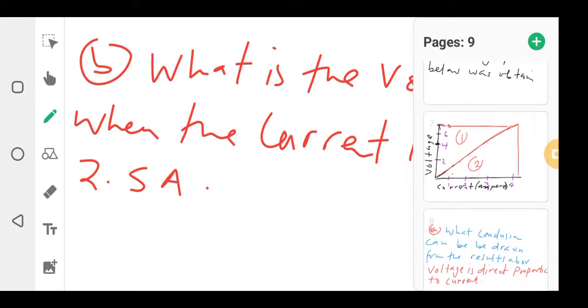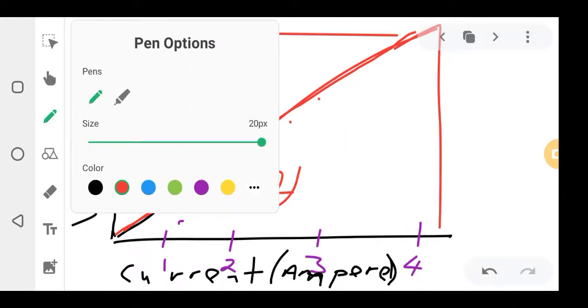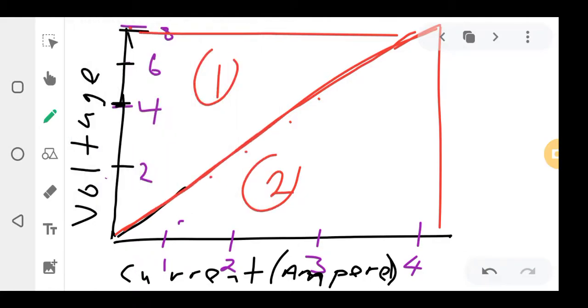So you go to the graph, you locate where 2.5 amps is. This is 1, this is 2. 2.5 is somewhere here. You are trying to find the voltage this side. So you draw a horizontal line from 2.5, using a rule, to the line above.